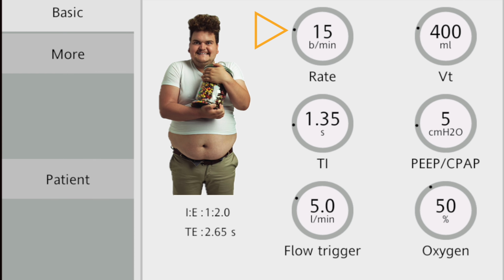Checking the ventilator control settings, Justin has a frequency of 15 breaths per minute and an I time of 1.35 seconds, yielding an inspiratory to expiratory ratio of 1 to 2. And just in case you were wondering, Justin has a smidge over 2.5 seconds to exhale about 400 milliliters passively during each breath cycle. Let's review and examine how to interpret the settings shown on the flow waveform.